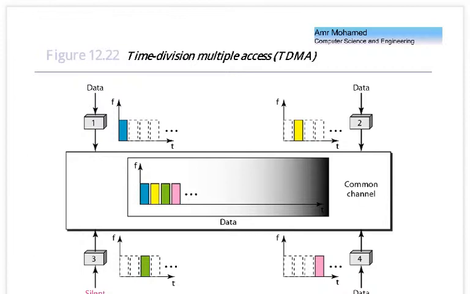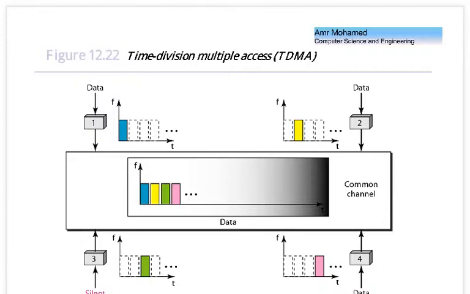And here we also may use what we call a time gap, which corresponds to the guard band. This time gap accounts for the fact that the nodes will have different propagation times, right? Depending on the location of the node in the network, the delay that any node will have to transmit the signal from one node to another will be different.